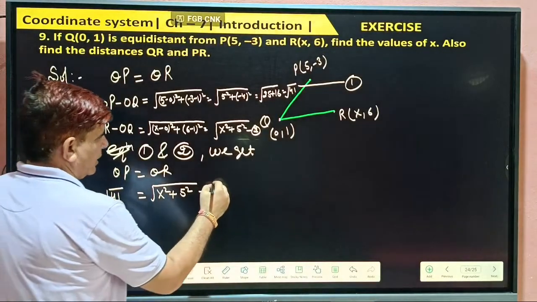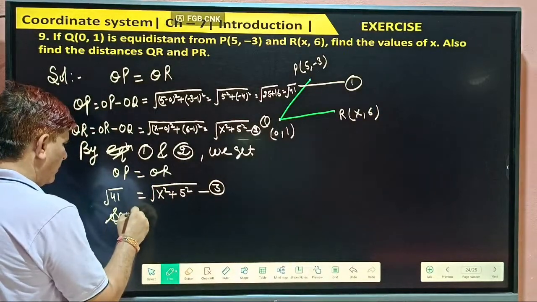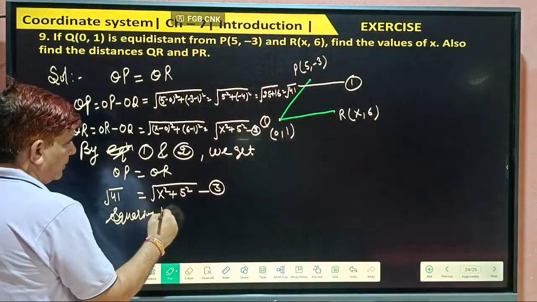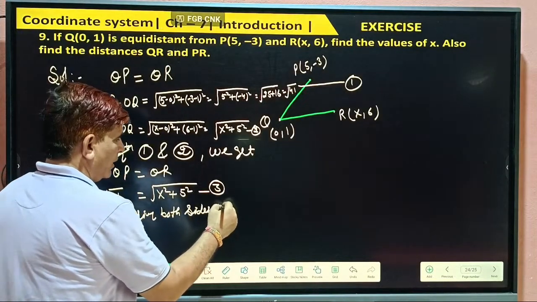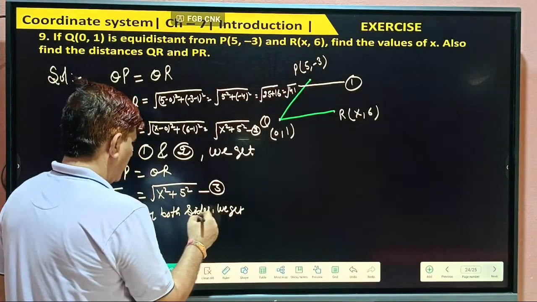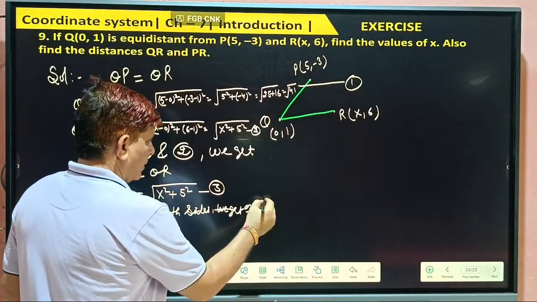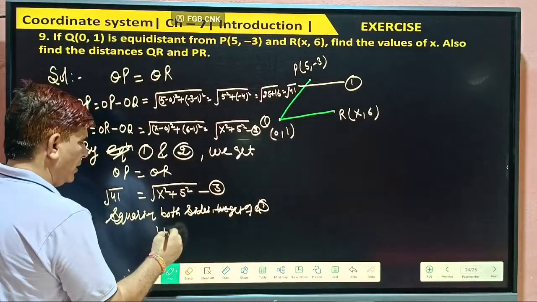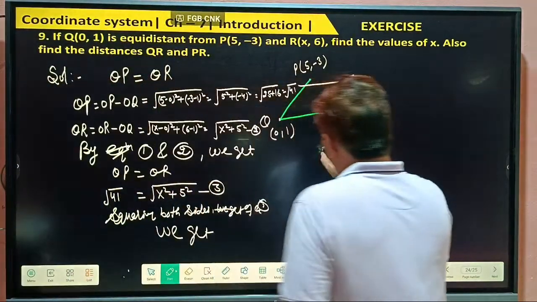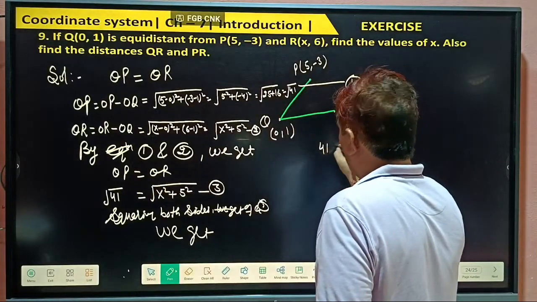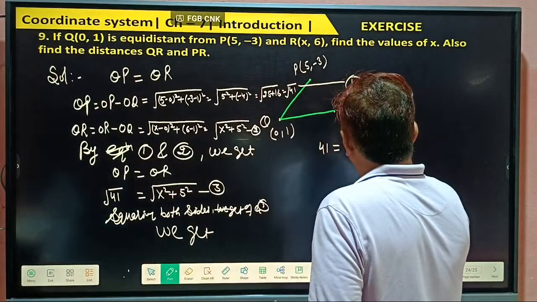So this is taken as 3. Squaring both sides of equation 3, we get 41 equal to x square plus 25.